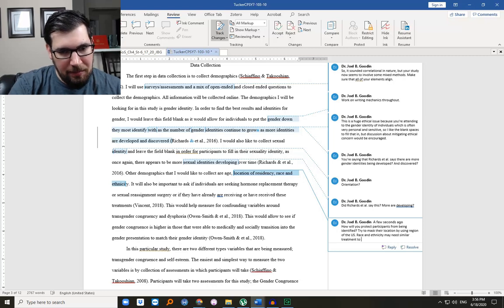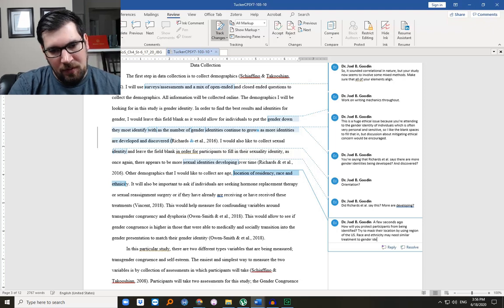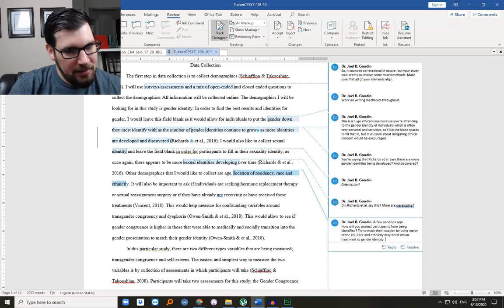It's just something for them to think about how they could be more open and tolerant, accepting, and ethical is just allowing a participant to be themselves and to clearly indicate how they are. So I'm going to say maybe treat that the same way you did gender identity.